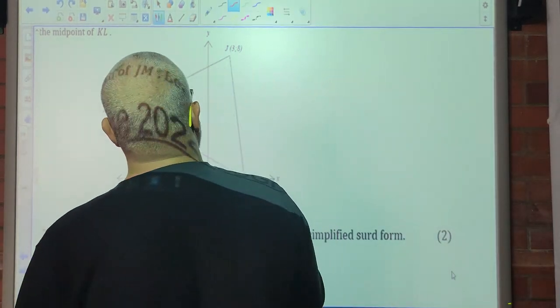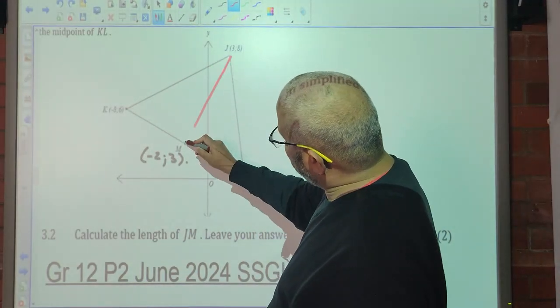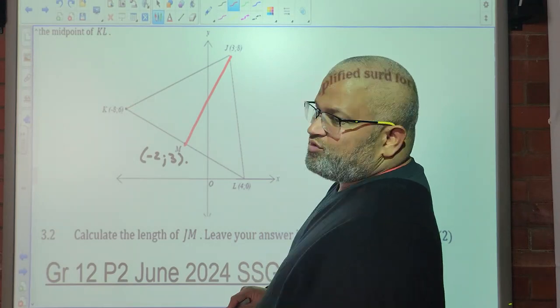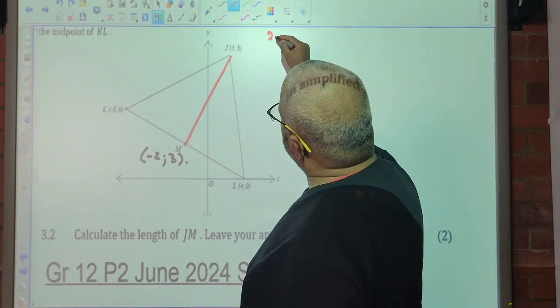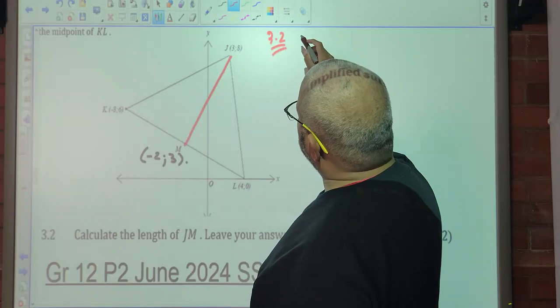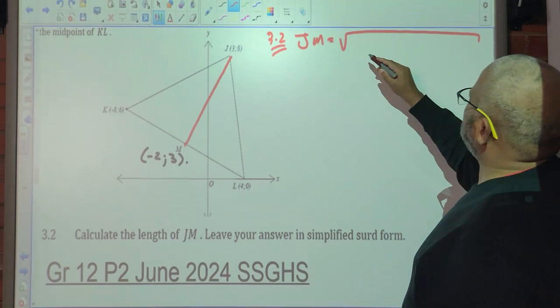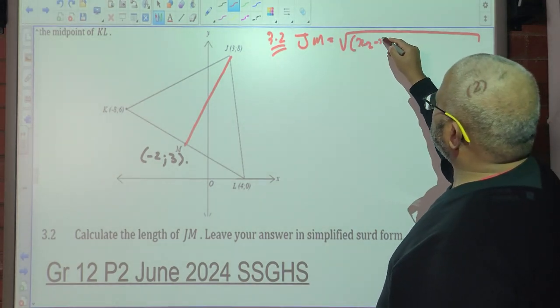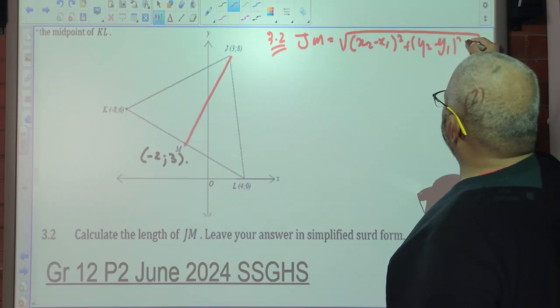So JM is going to be this line here. Okay, this line is also called your median. So to calculate JM, you're going to use the formula, the square root of x2 minus x1 squared plus y2 minus y1 squared.